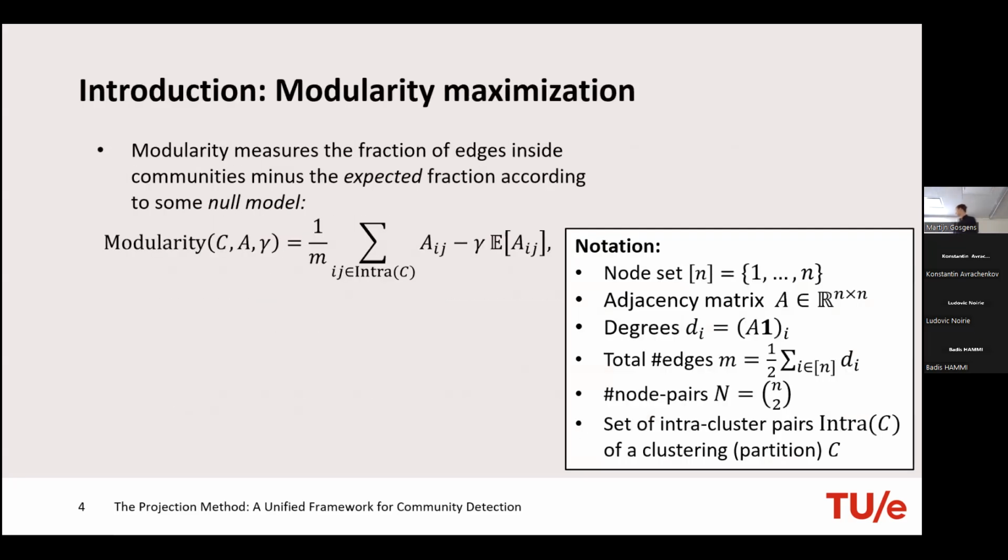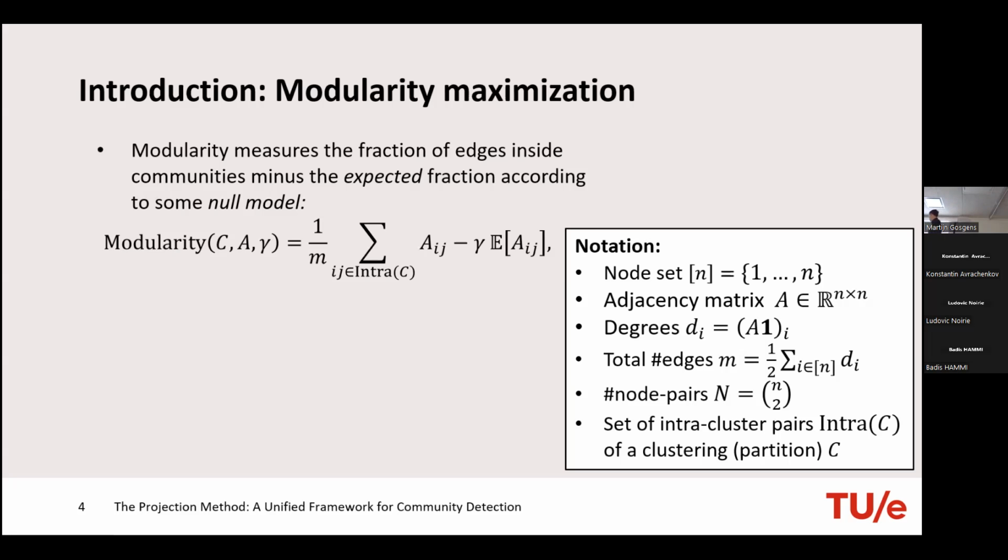So first some introduction. Modularity maximization is one of the most popular community detection methods. Modularity measures the fraction of edges inside communities minus the expected fraction according to some null model. So what you do, you simply take the sum over all the node pairs that are of the same community. Here this intra C represents the set of node pairs that are all in the same community.